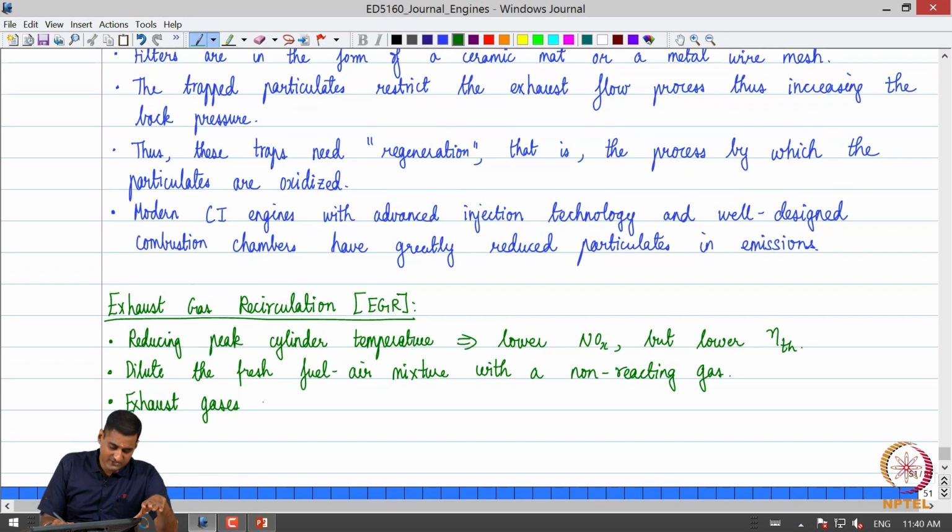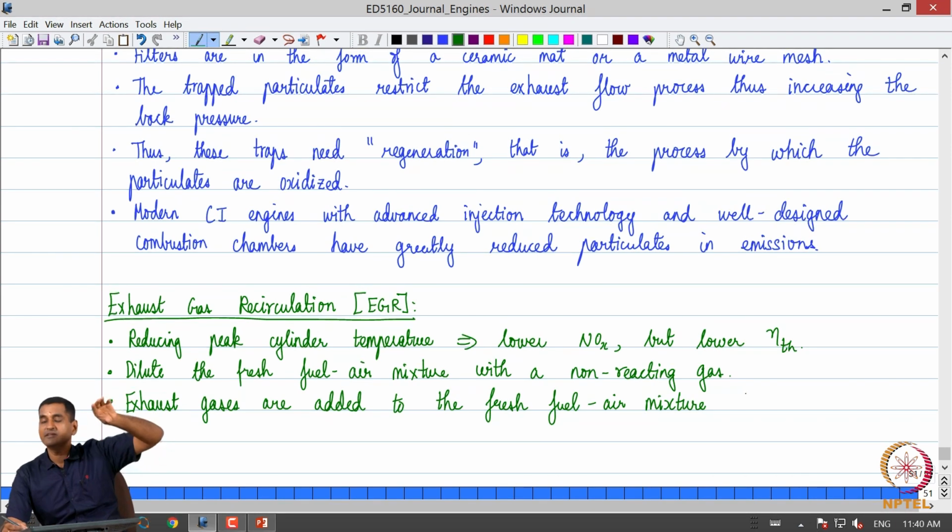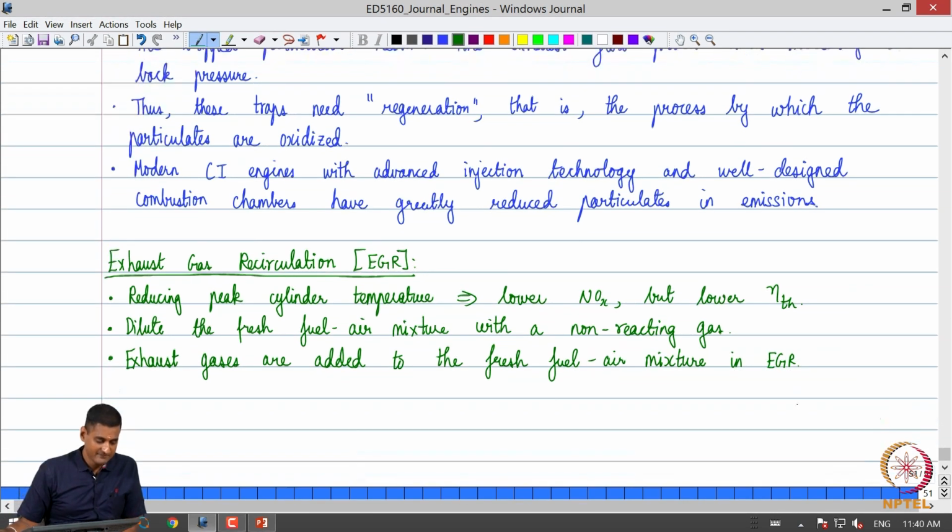So, exhaust gases are added to the fresh fuel air mixture in EGR. Typically they are taken from the exhaust system and added somewhere in the inlet section, the inlet manifold of the engine. So, exhaust gases are added to the fresh fuel air mixture in this process of exhaust gas recirculation.